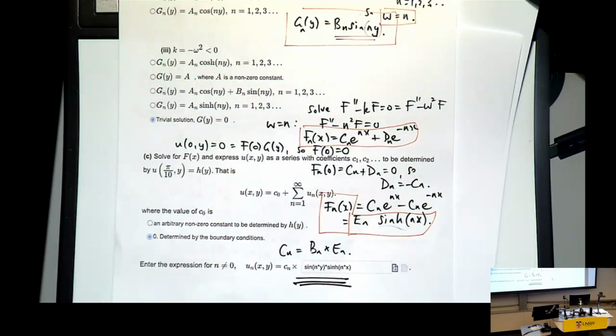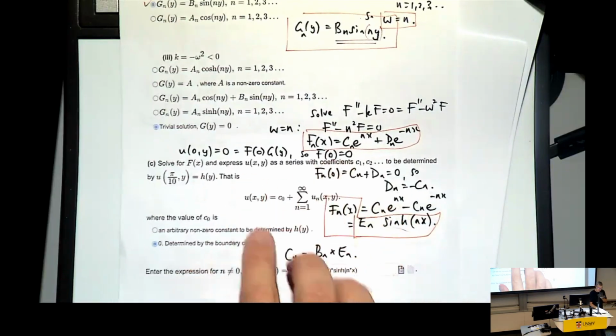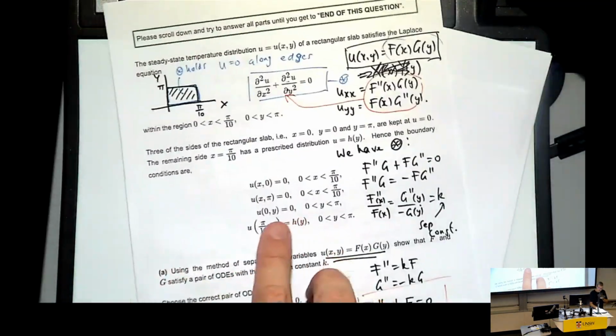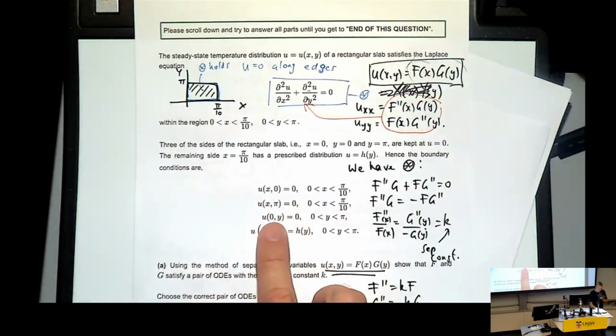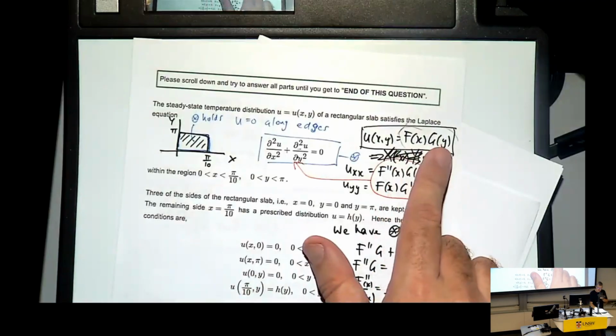Yes? I have two. Firstly, why is the f0 equal to 0? Excellent question. Why is that equal to that? Well, let's look at our data. We've used that. What does this mean in terms of this and this?